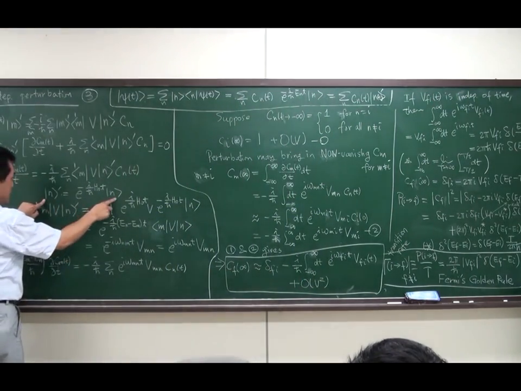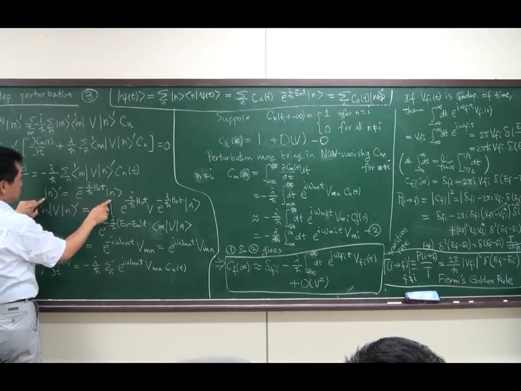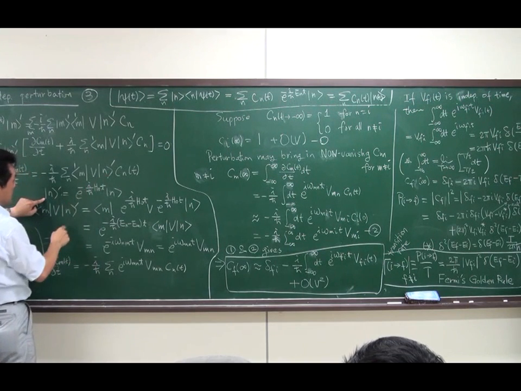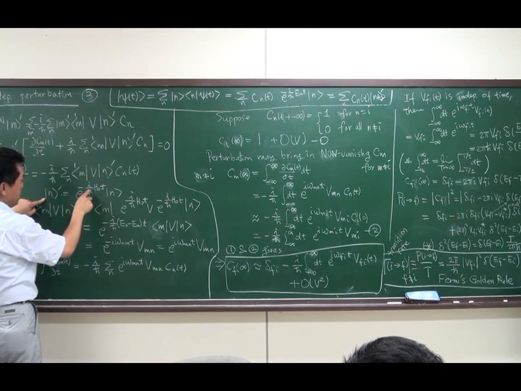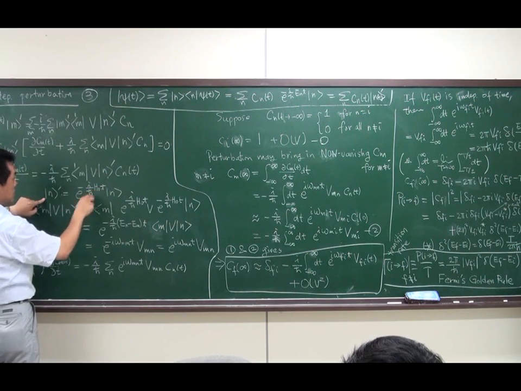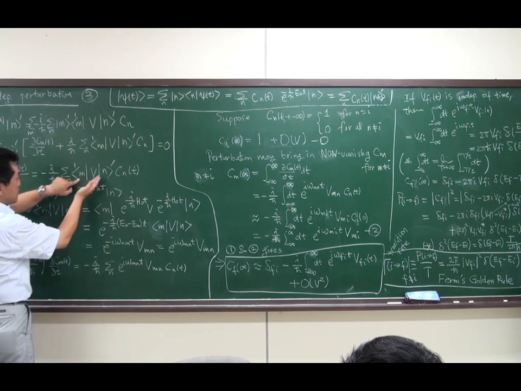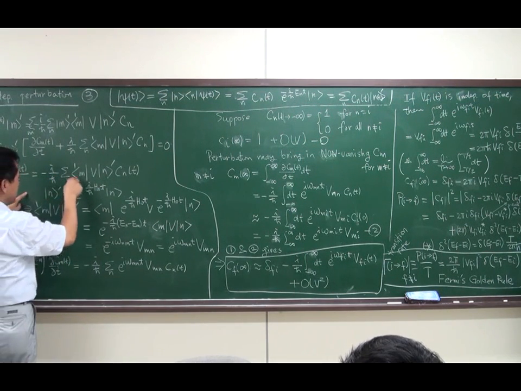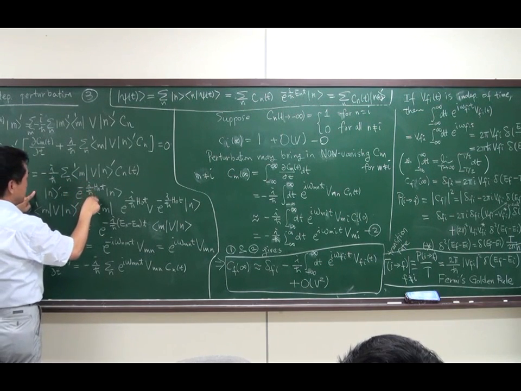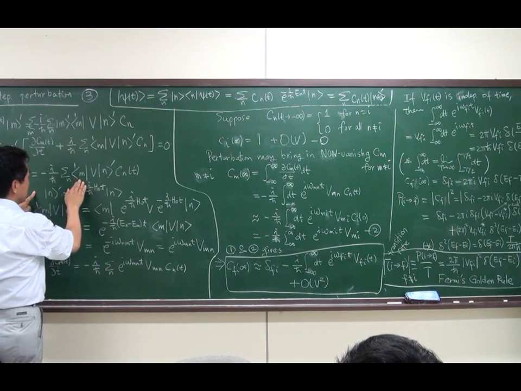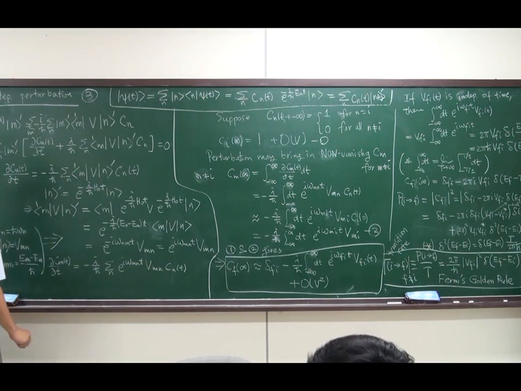That is written like that. So I substitute this one to here, and this is minus i over h bar H0 t, and in here it is the complex conjugate, so I have plus i over h bar H0 t acting on state m.